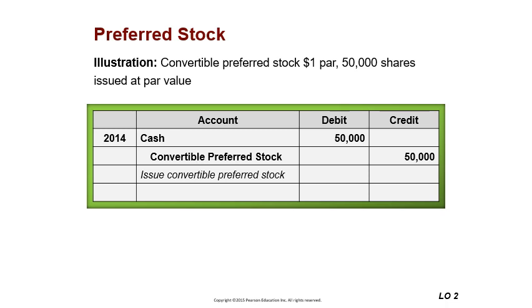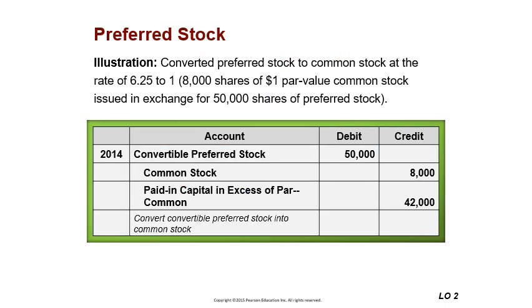So what if they are issued with the feature of convertible preferred stock, right? The company issued preferred stock of $1, 50,000 shares. With the convertible feature, you receive cash and then you call it convertible preferred stock, right? Cash to convertible preferred stock. Convertible preferred stock converts to common stock at a rate of 6.25 to 1. What does it mean?